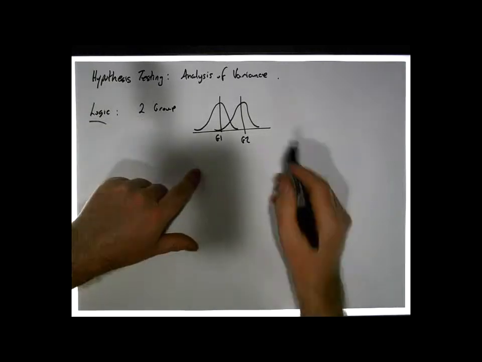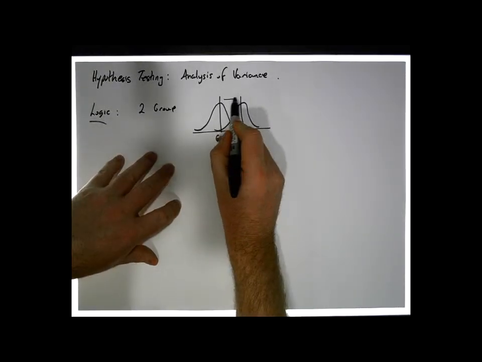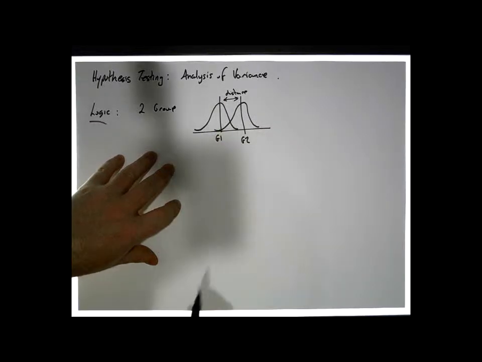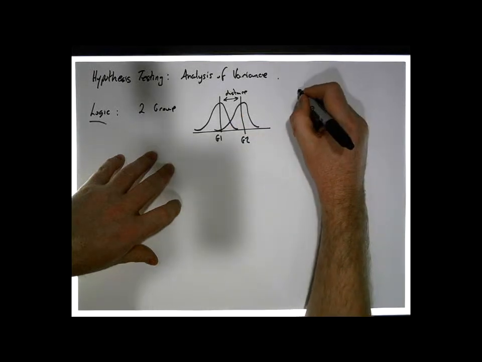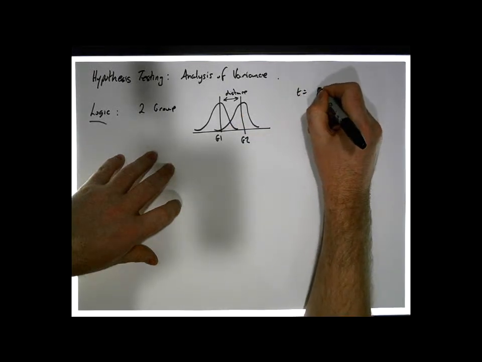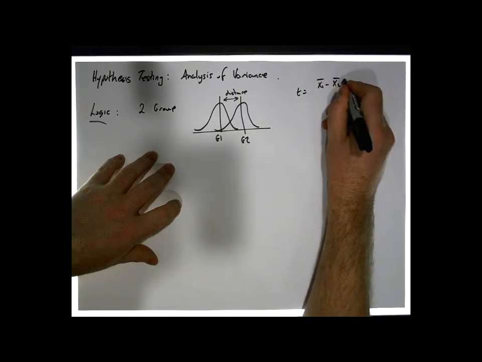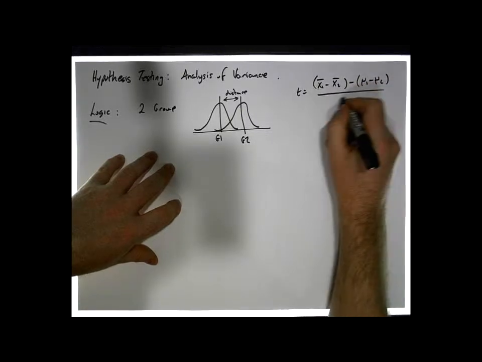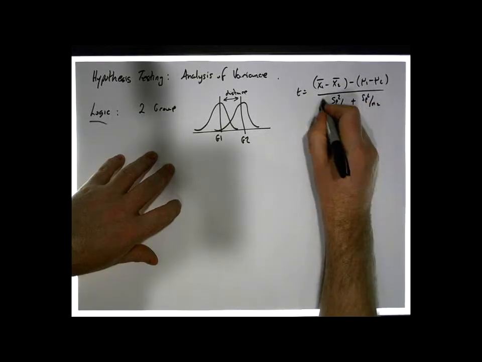The t-test measures the distance between the two distributions through its formula. For the independent samples test, t is equal to x1 bar minus x2 bar minus mu1 minus mu2, all over the square root of sp squared over n1 plus sp squared over n2, where sp squared is the pooled variance, assuming the variances are equal.